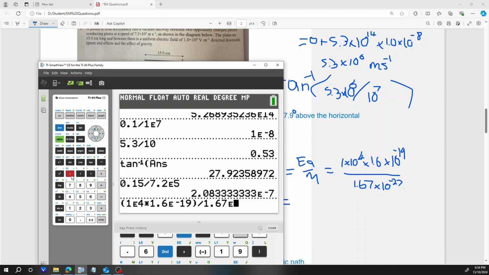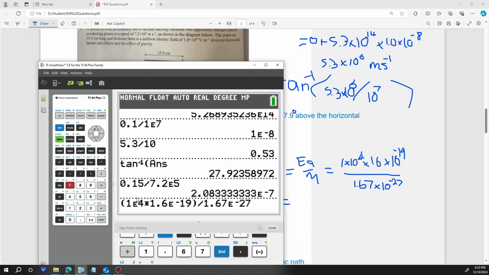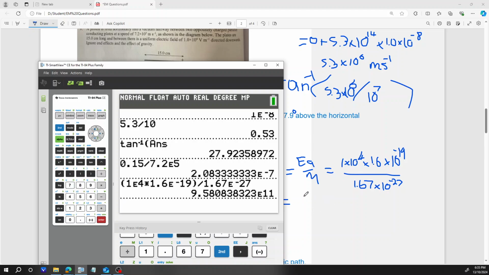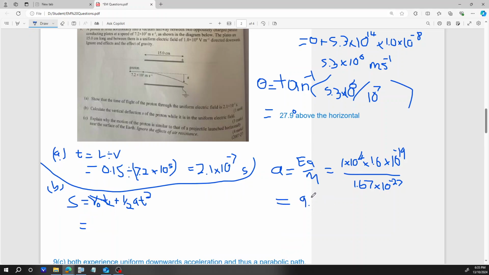Otherwise you need a bracket around the denominator as well. Because this bracket here resolves the numerator to form one number, and this is one number, so you have a division of a numerator and a denominator value only. Okay, so that's fine. Okay, so we get 5.8.